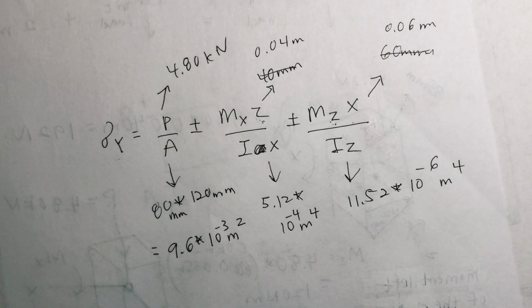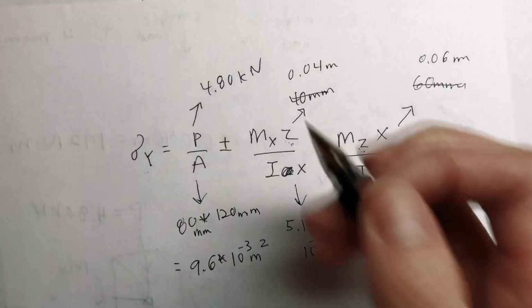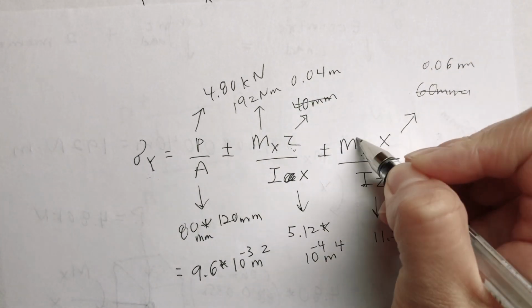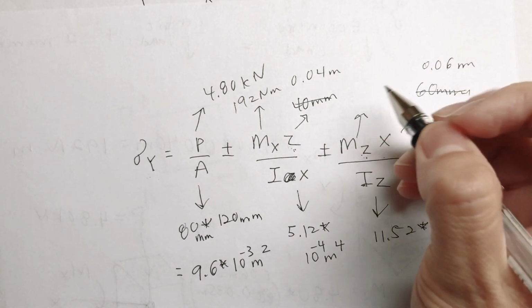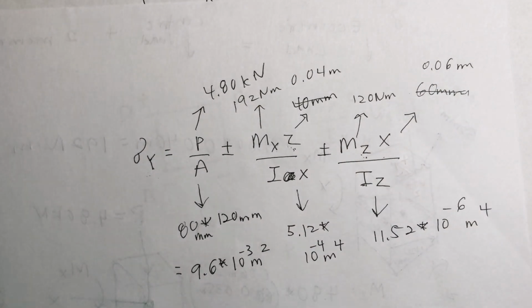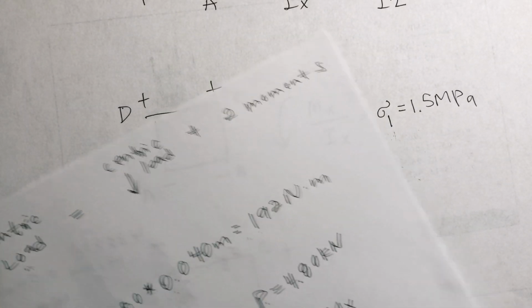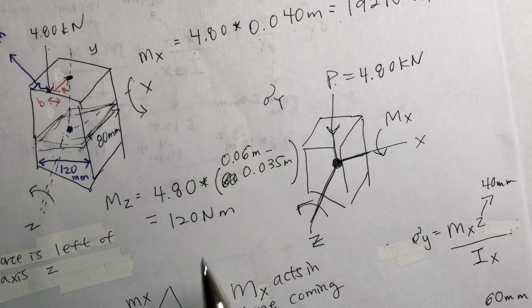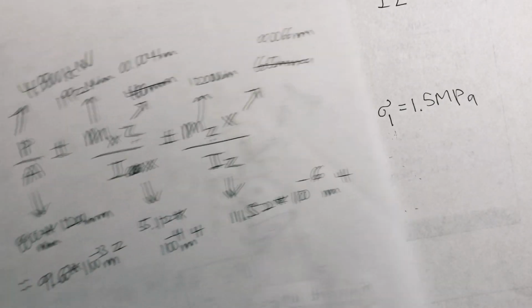Okay, let's turn to slide number 22. And we have mx, 192 Newton meters. Mz is 120 Newton meters. See, we found it here, remember? So we have all the numbers that we need.